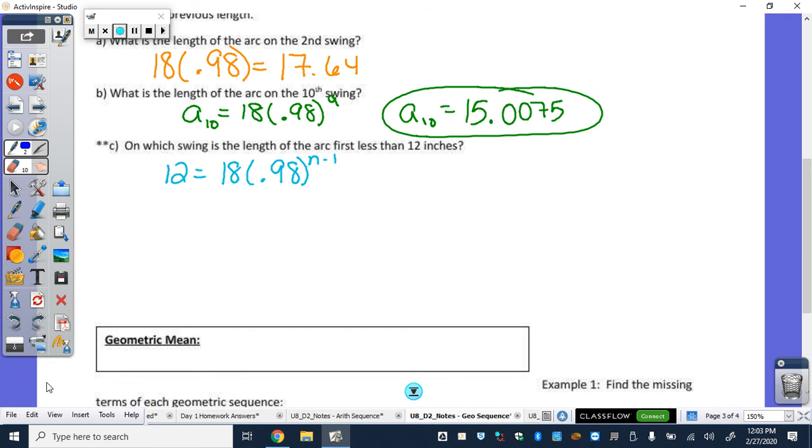So we're trying to figure out what position, so which swing is it when it gets to that 12. So what should we do first? Divide by 18, because you want to get the thing with the exponent by itself. So in this case, it's the 0.98.